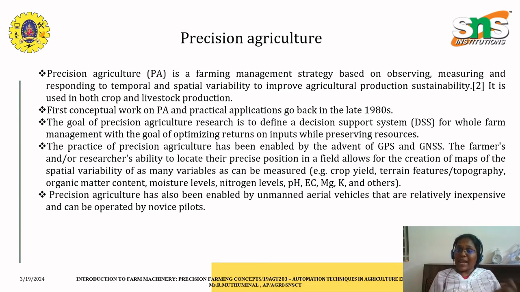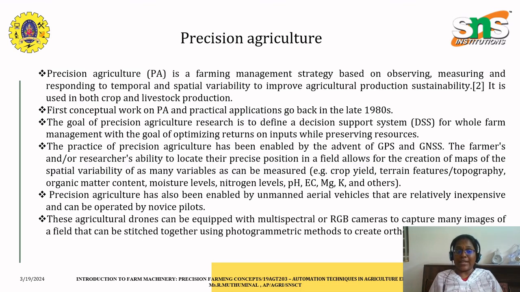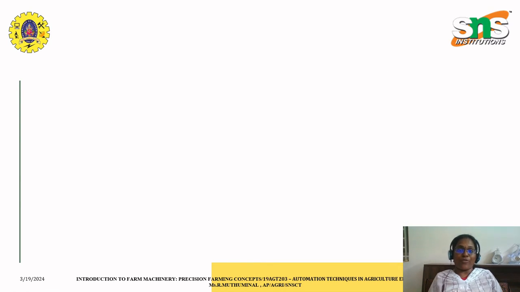It has been enabled by unmanned aerial vehicles that are relatively inexpensive and can be operated by novice pilots. These drones can be equipped with multispectral or RGB cameras to capture images of a field that can be stitched together using photogrammetric methods to create orthophotos.